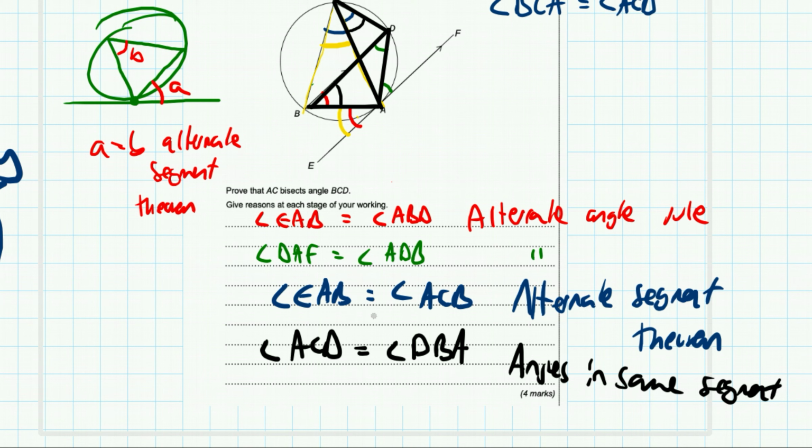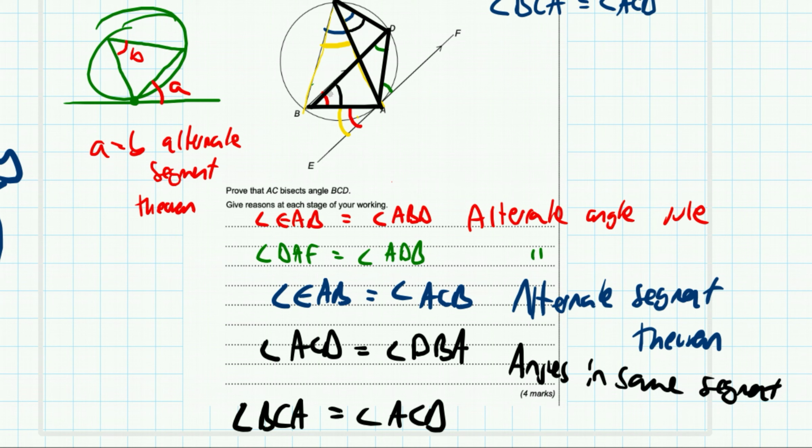And then from there we can just say, therefore angle BCA is going to equal angle ACD. Again, if you've got different colour pens or pencils, or even number the angles, so you know which ones they are.